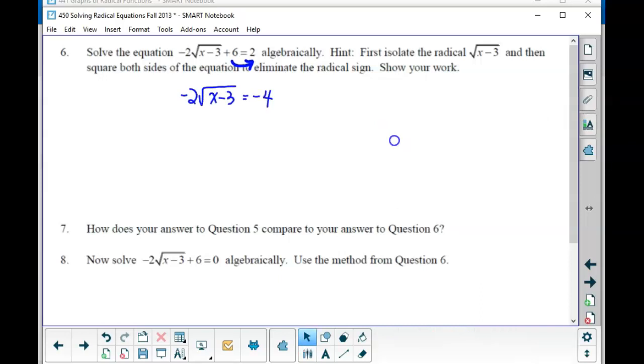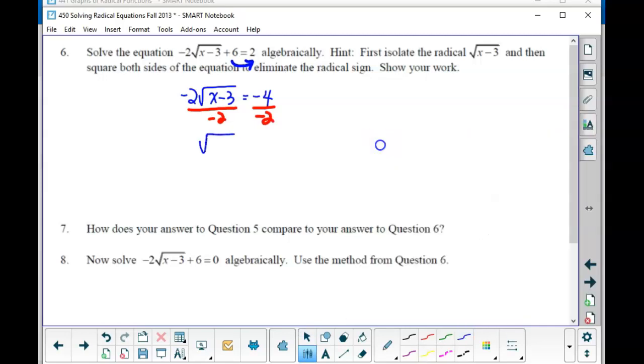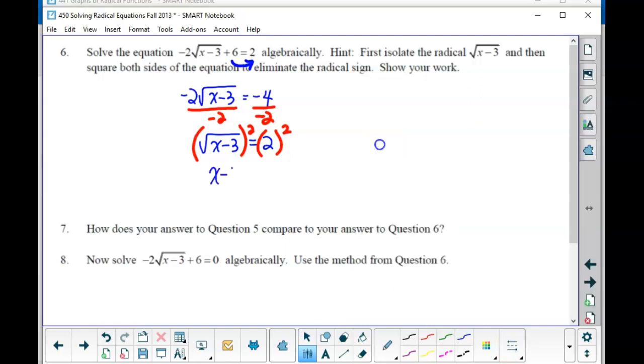Then we want to divide by -2. And then to get rid of the radical sign, the opposite of square rooting is squaring, so we want to square both sides. And then add 3.